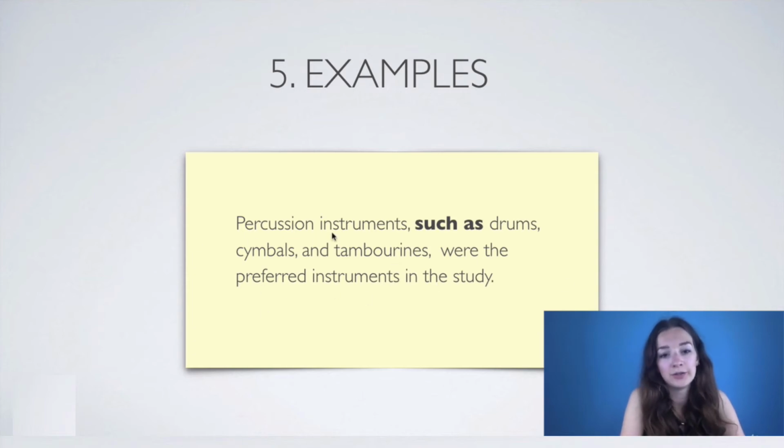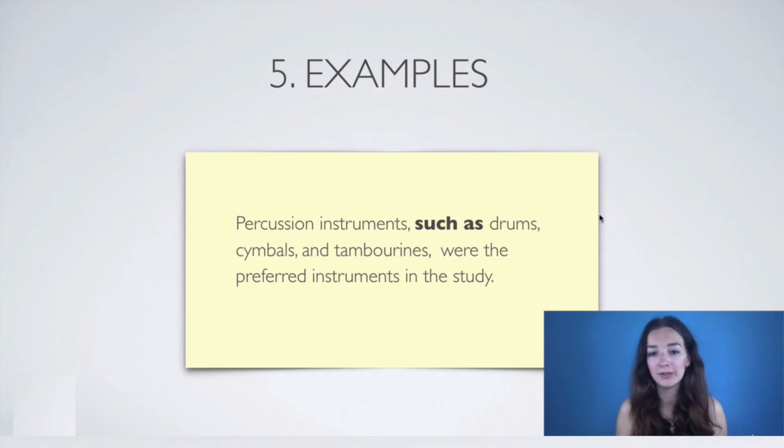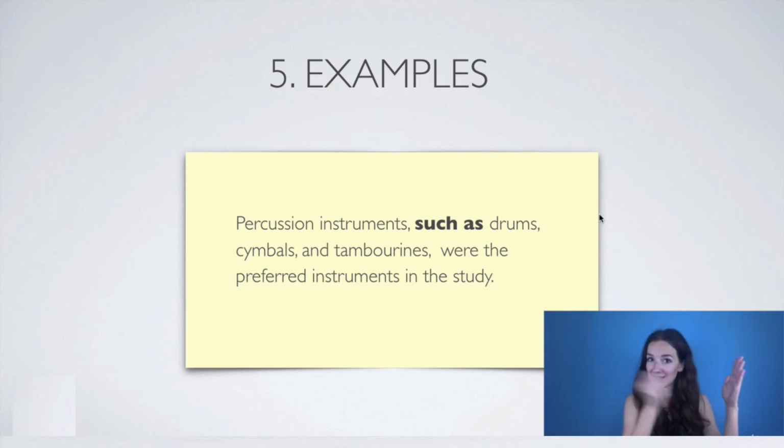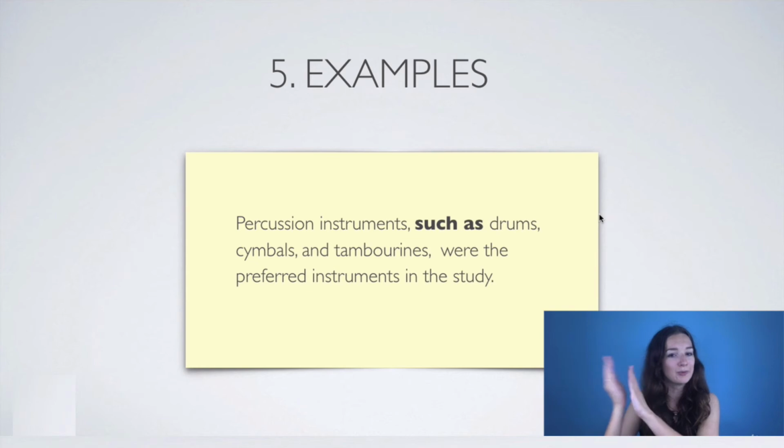We don't know what percussion instruments are, but we have all these examples and we understand, okay, we know drums, we know cymbals, tambourines, right? What people do, they like do something like this or they beat like this. So percussion instruments are probably those instruments where you beat, right? You beat like this or like this with the sticks. So these are the percussion instruments.